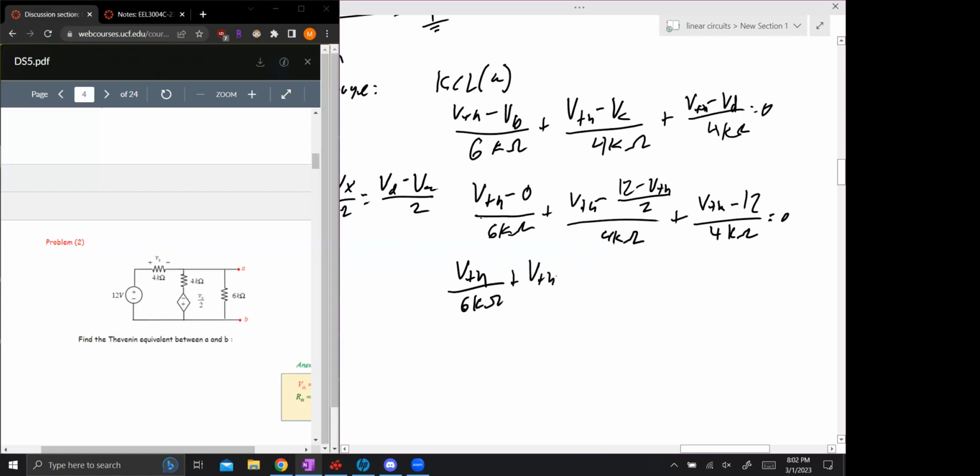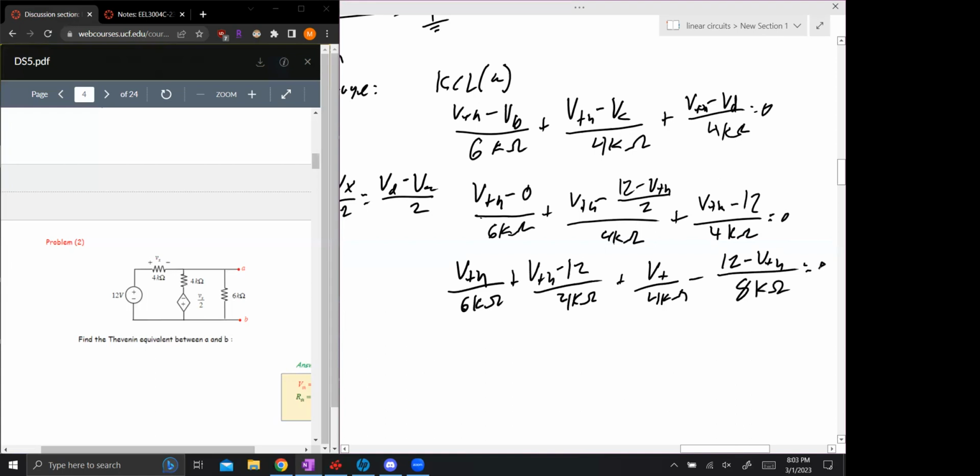So I'm going to say V Thevenin minus 12 over 4, plus, and I think I'm going to split this up actually, plus V Thevenin over 4 kilo ohm, minus, and if I'm right, you crunch these two fractions together here, so this will be 12 minus V Thevenin over 8 kilo ohm.